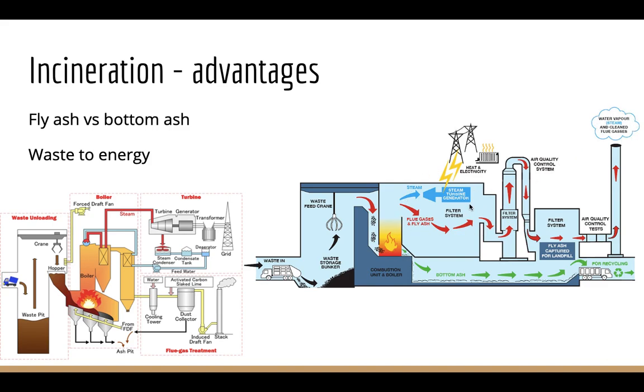The steam from the combustion will be used to turn a turbine that can create heat and electricity. So part of this is, you can get waste to energy. So not only are you reducing the waste, but you're also creating energy from this process, right? But you can get about 35% as much energy as coal pound for pound.